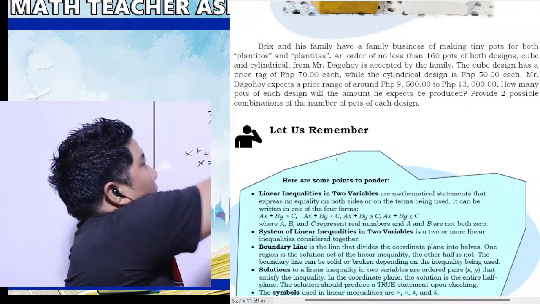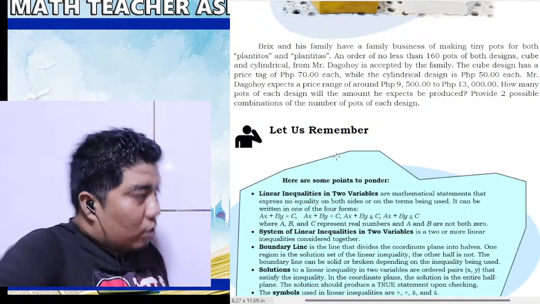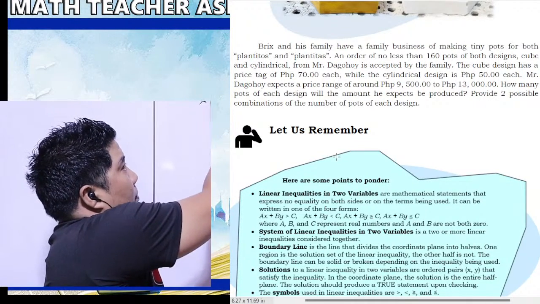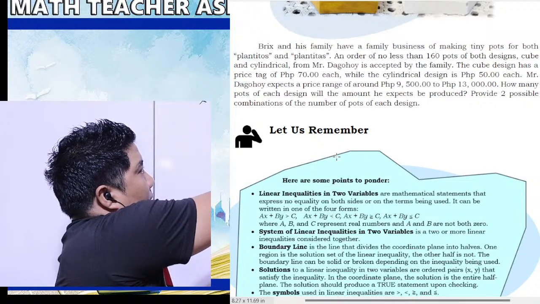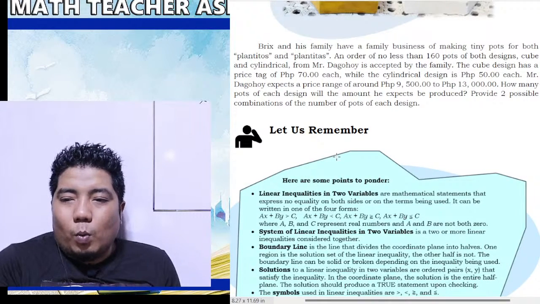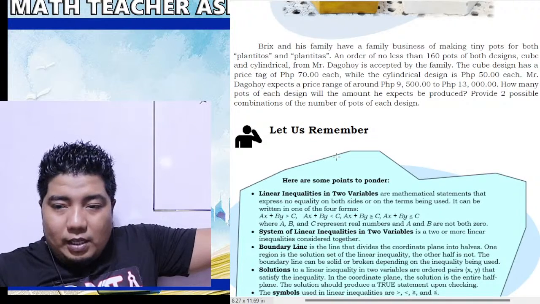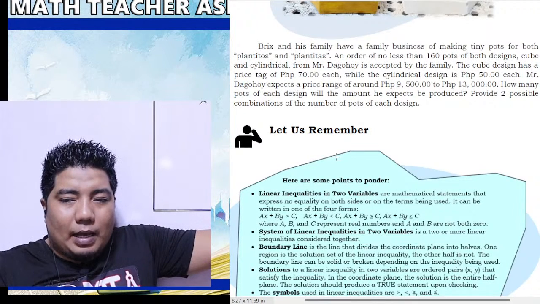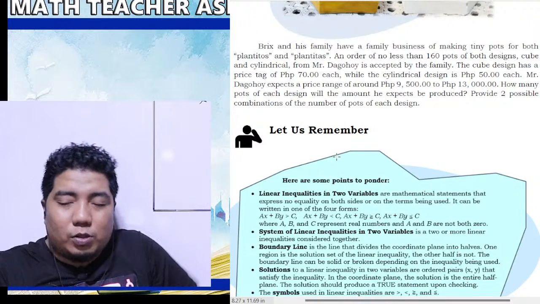So, you could make the first scenario of this one could be x plus y is greater than or equal to 160. Since it says here no less than 160 pots, so of course, if it is 160, it can be applicable. But if it is more than 160, it is also accepted.